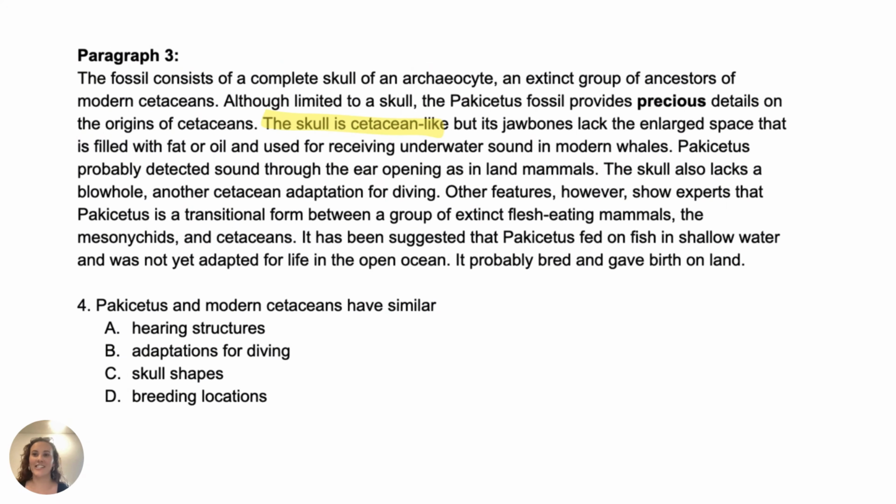There it is. Just a little sneaky sentence. The skull is cetacean-like.